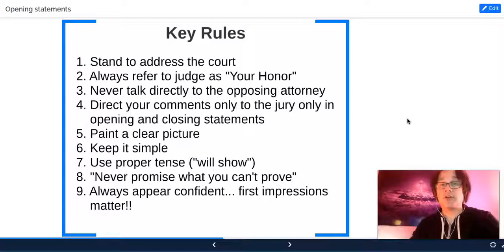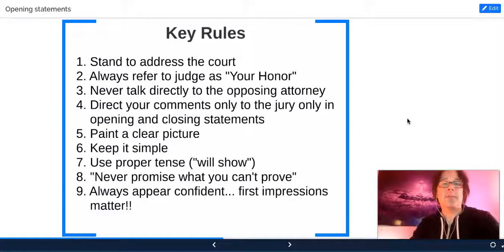You direct your comments to the jury only in your opening and closing statements. So that's the only time that you are actually going to be addressing the jury and talking to the jury. The rest of the trial, you are going to be questioning witnesses.